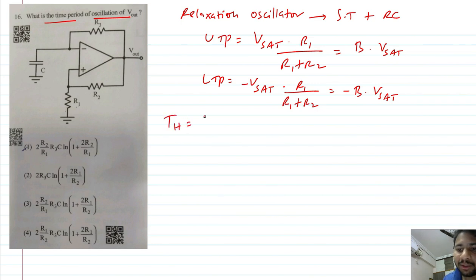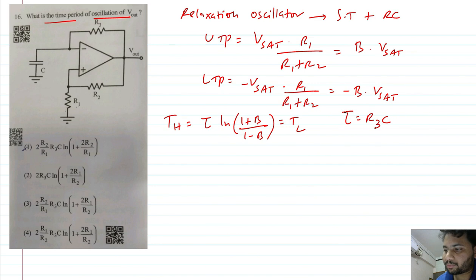So what is TH? It is tau ln 1 plus B by 1 minus B. In fact, for this circuit, TH and TL both will be identical because the time constant is always going to be R3 into C. So tau, whether the cap is getting charged or discharged, will always be equal to what?